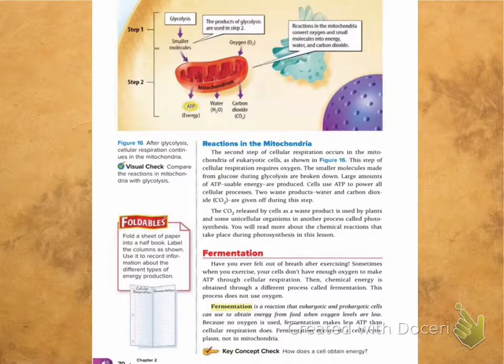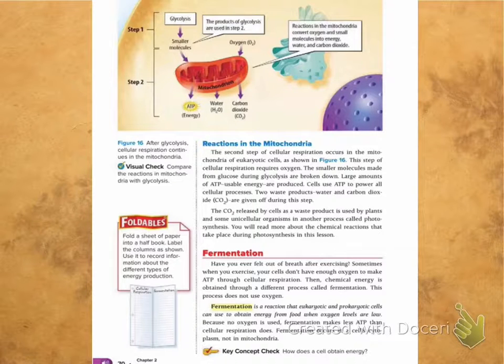Two waste products, water and carbon dioxide, are given off during this step. The carbon dioxide released by cells as a waste product is used by plants and some unicellular organisms in another process called photosynthesis. You'll read more about the chemical reactions that take place during photosynthesis in this lesson.